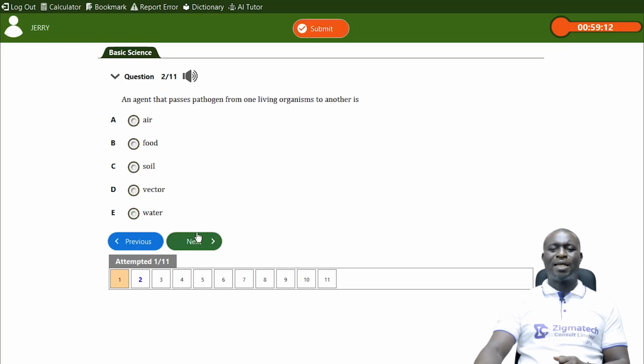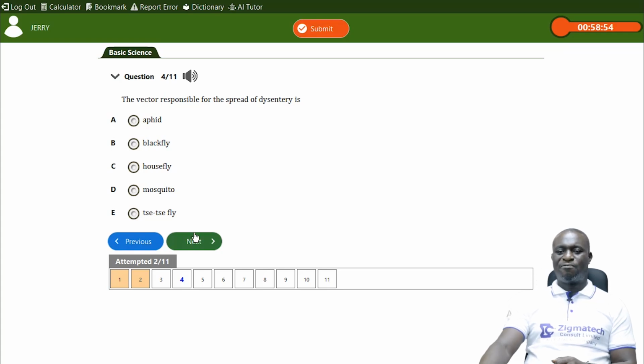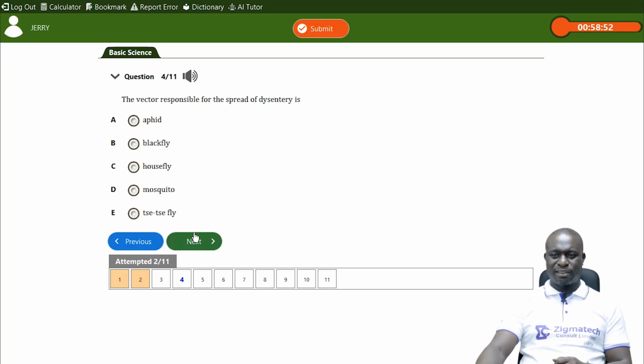Number 2, an agent that passes pathogens from one living organism to another is referred to as a vector. Number 3, I'll pass with that. Now look at this. The vector responsible for the spread of dysentery.